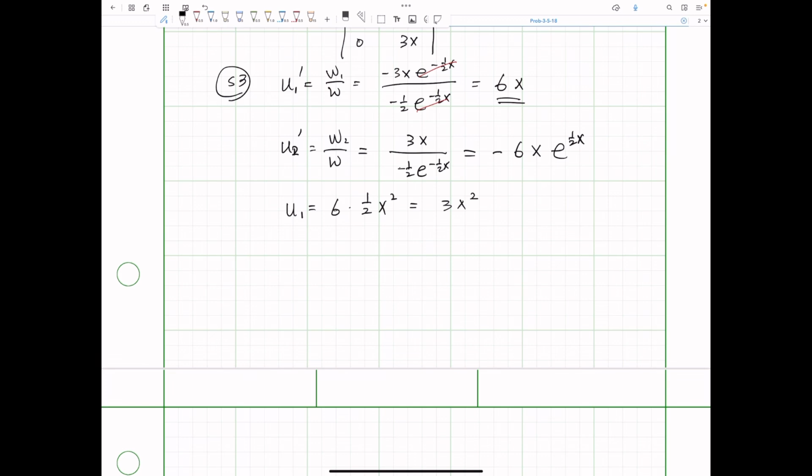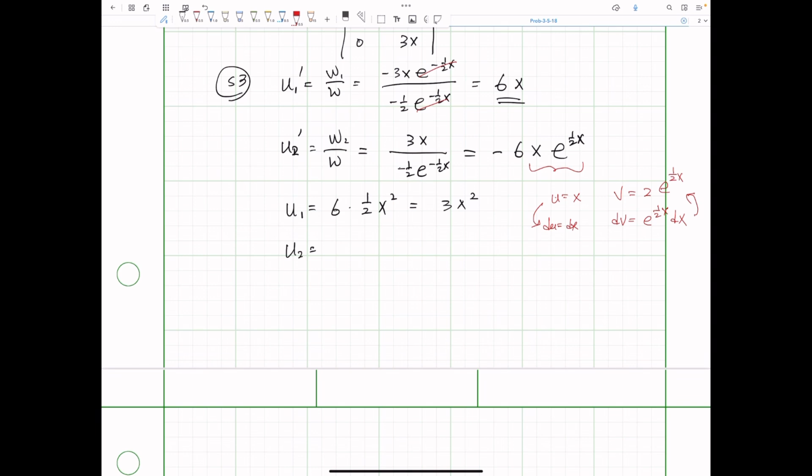That's easy. For u2, we need to integrate this. For this, we need to let u equals x, and then dv equals e to the 1 over 2x dx. From here, du equals dx, and from here, v equals 1 over 1 over 2 e to the 1 over 2x, therefore that's going to give us 2 e to the 1 over 2x.